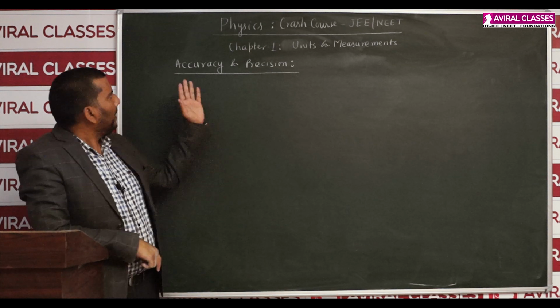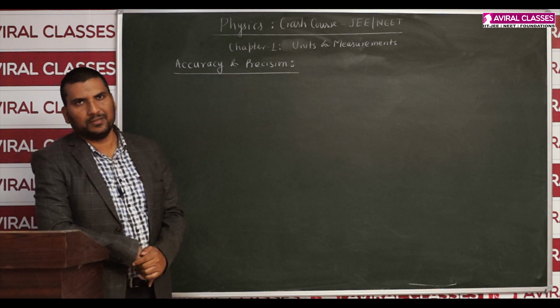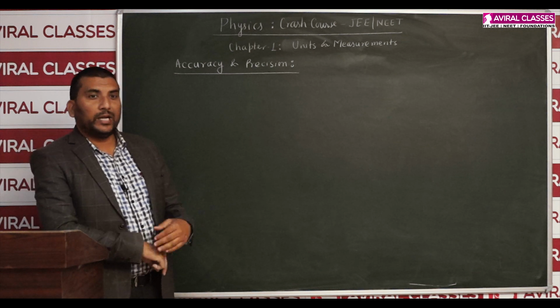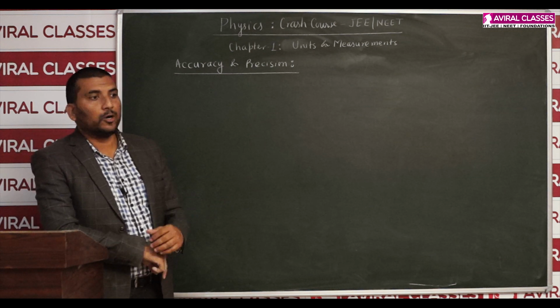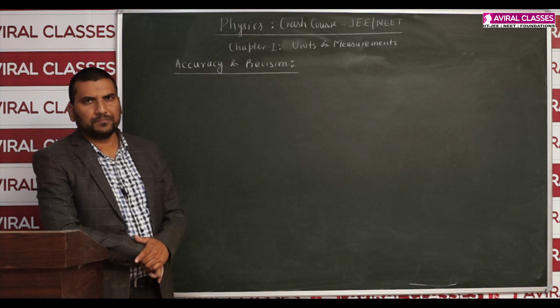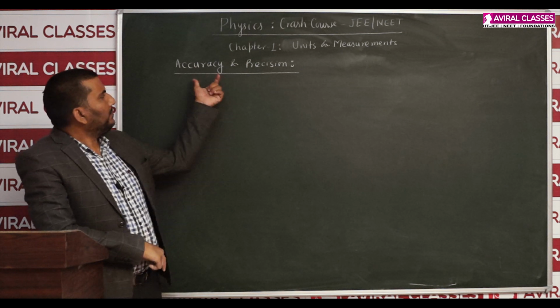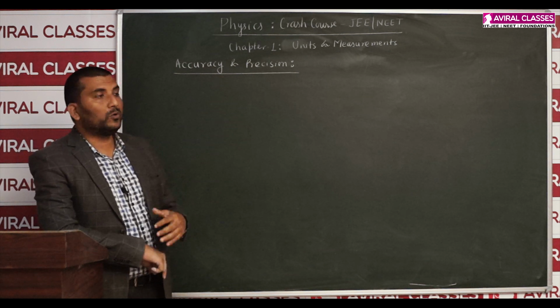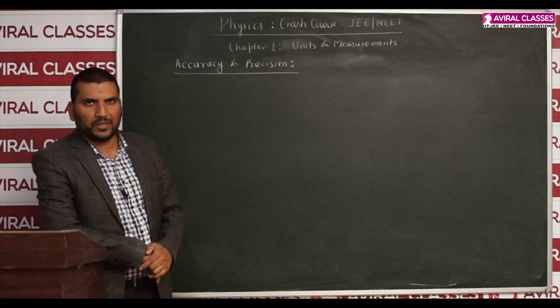Now consider accuracy and precision. Generally we say how accurate he was, how precise he was. There is a slight difference between them. Accuracy means how close you are to the correct value, how close you are to the real value.